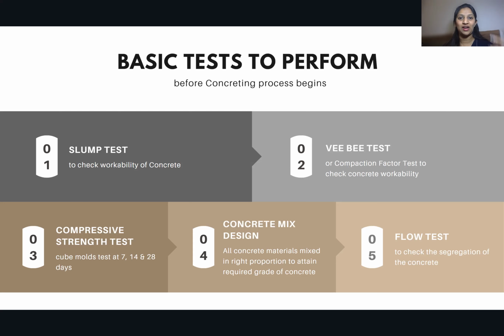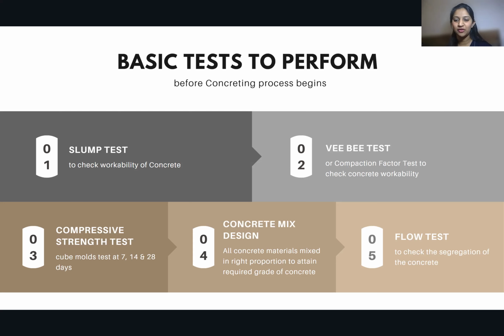There are multiple trial and errors happening, even though we know there is a standard format and IS codes that you will follow for the concrete mix design. Still, on the site, the QA/QC department will have their own design. What is the quantity of which concreting materials to be mixed? For every one of these things, trial and error happens. So that has also been included as one of the basic tests.